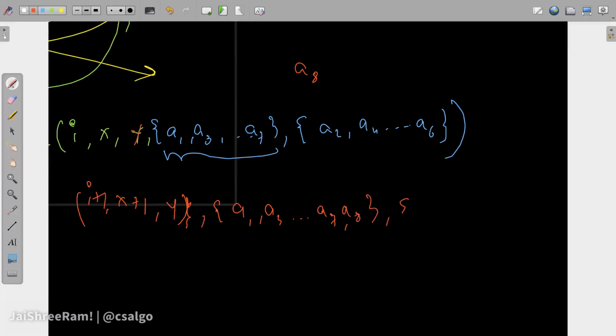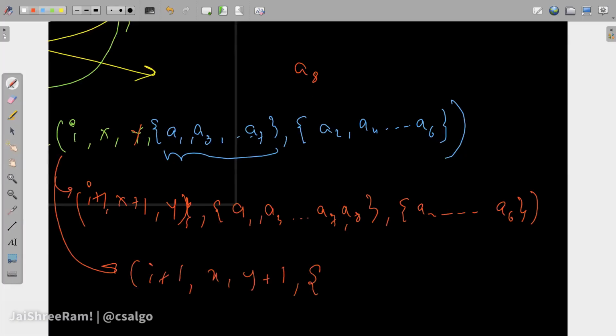And the other part remains A2, A6. This is one particular state I can go to. The other state can be I plus 1, comma X, comma Y plus 1: A1 up to A7 it was there, and then on the last part, I appended A8. Is this making sense to everyone?